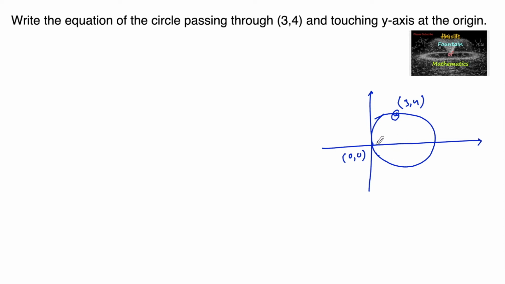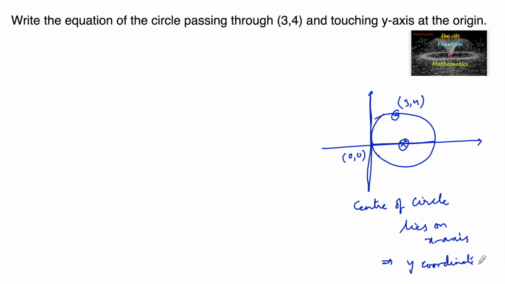So we can say that the chord which is drawn perpendicular to the tangent passes through the center. So the center of the circle lies on the x-axis, which implies that its y coordinate will be 0.